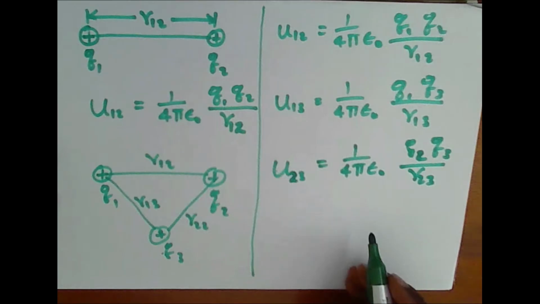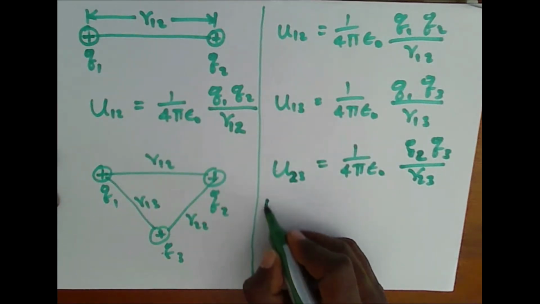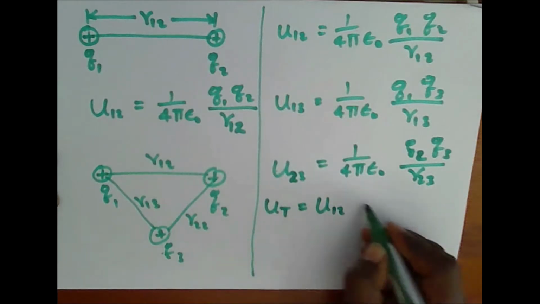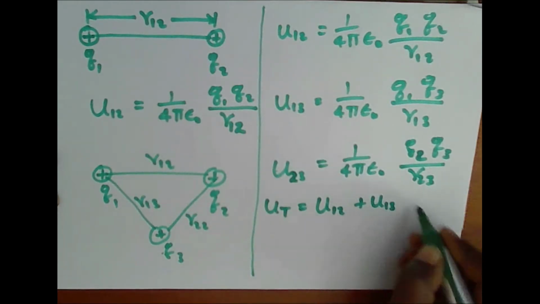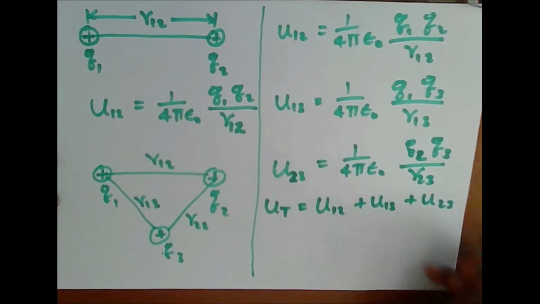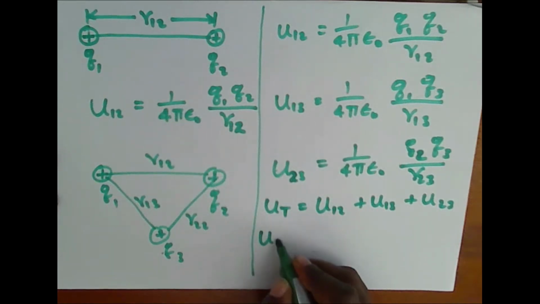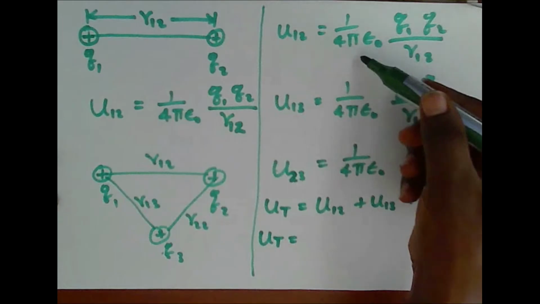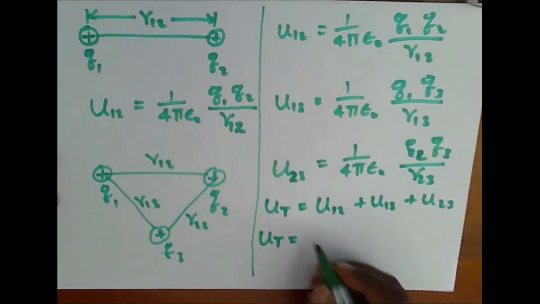Therefore, in the end, the total electric potential energy is equal to U12 plus U13 plus U23, the sum of these. Then the common value is 1 over 4 pi epsilon naught.